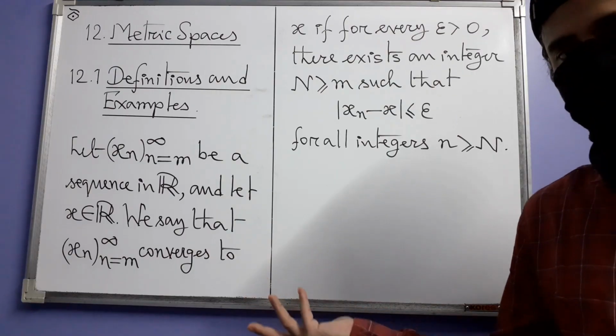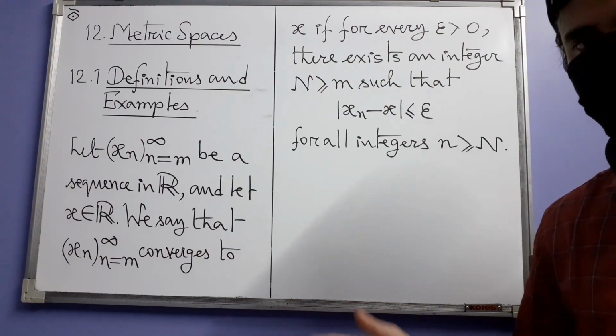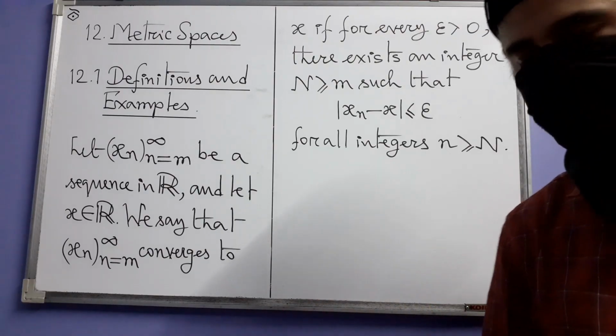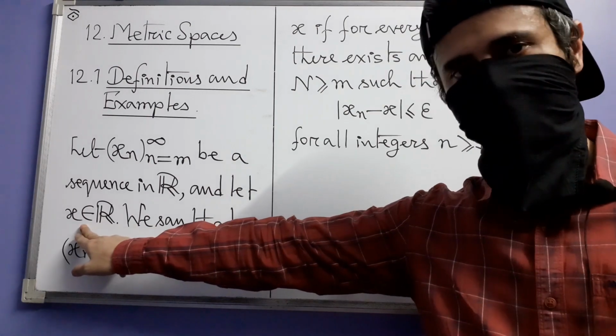So this is what the definition of convergence is. It is nothing new to us. We have already seen this many times. You have a sequence x_n of real numbers and you have a real number x.